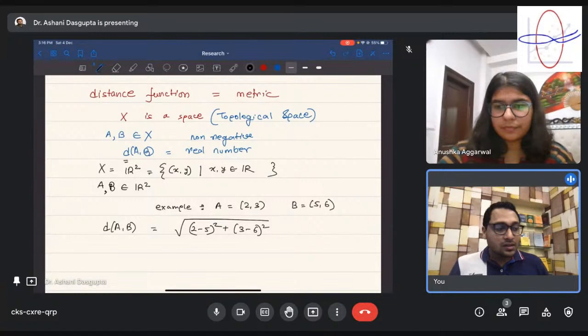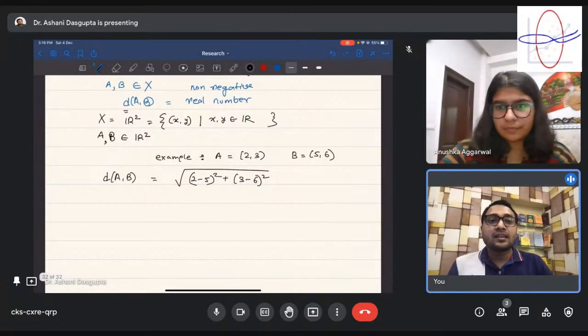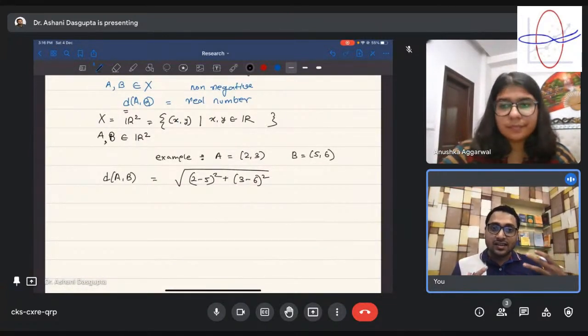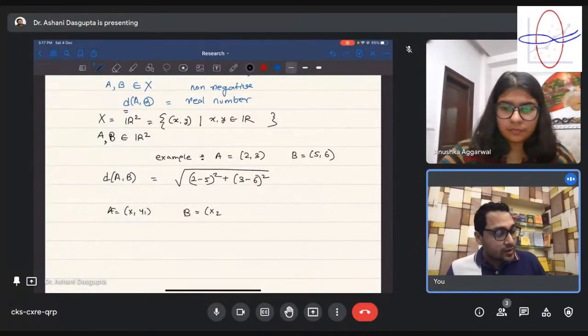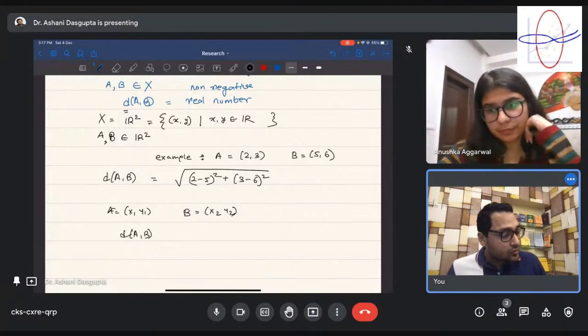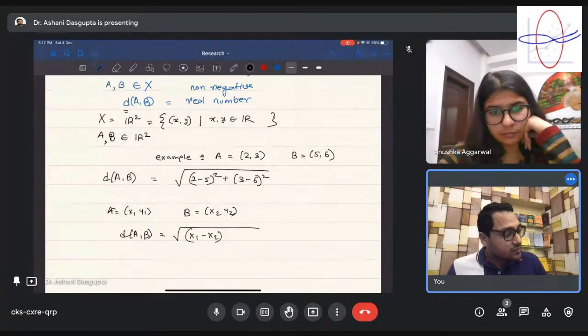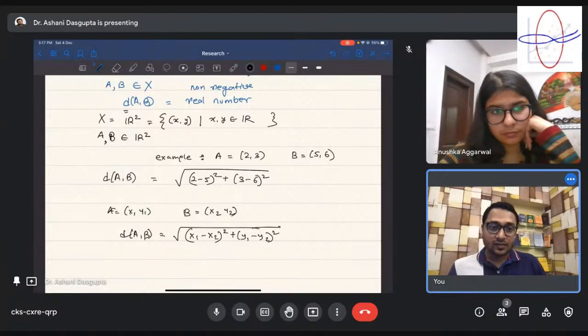This is the familiar Euclidean geometry that we all know, right? This formula is known as the Euclidean formula. So if A is equal to (x1, y1) and B is equal to (x2, y2), then the distance between A and B is the square root of (x1 minus x2) whole square plus (y1 minus y2) whole square.